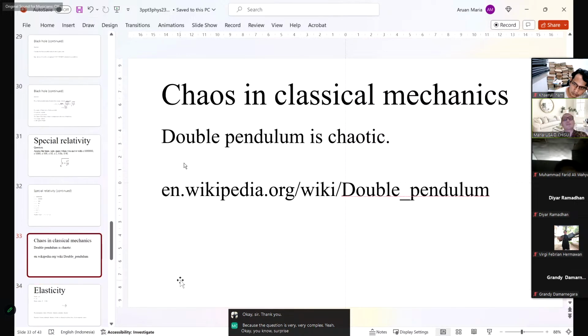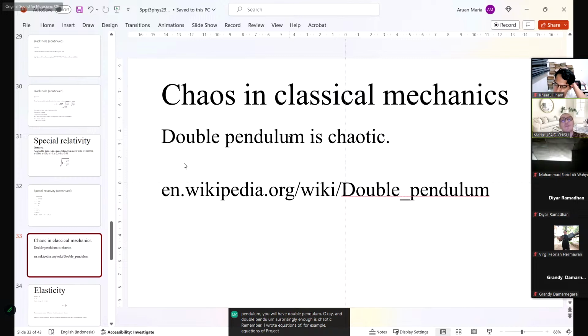Surprisingly enough, there is chaos in classical mechanics. Remember, we discussed the pendulum, but if you attach one pendulum to another pendulum, you will have a double pendulum, and the double pendulum, surprisingly enough, is chaotic. Remember, I wrote equations of projectile.